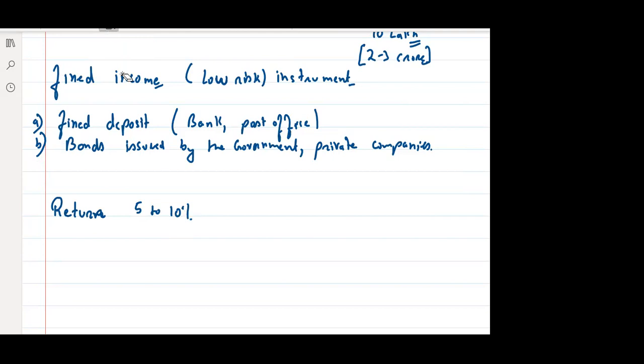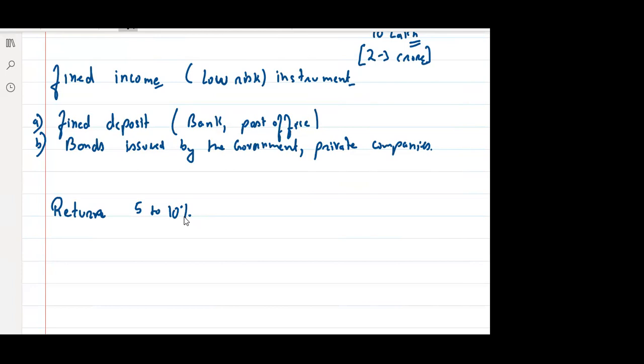In the current scenario, it is around 5 to 8 or 9%. So I'll just keep 10%. For example, when you talk about your PF, your provident fund, the money that is kept in PF or some other instrument, they're also kind of fixed income. They also give you fixed income. Okay.